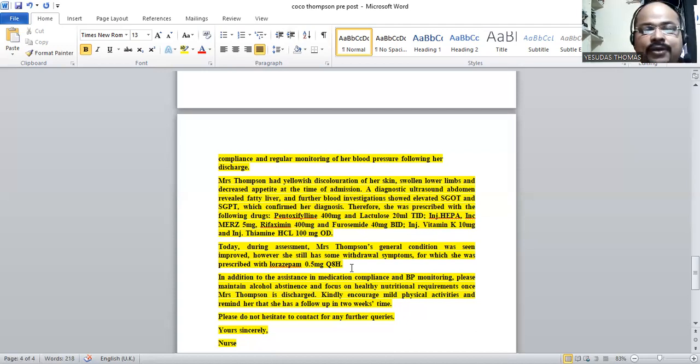Now we have to make the request: in addition to the assistance in medication compliance and BP monitoring, please maintain alcohol abstinence and focus on healthy nutritional requirements once Mrs. Thompson is discharged.